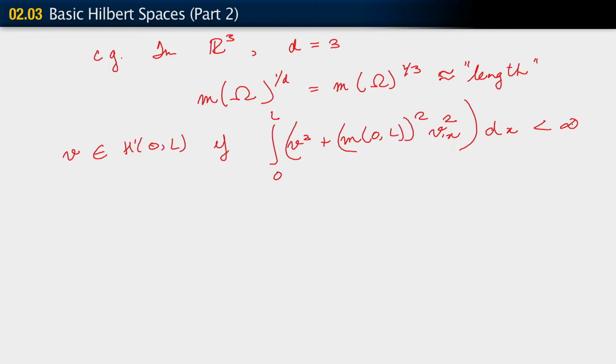So we require that the function itself and its first derivative, squared and integrated, be bounded. And H1 there simply refers to the fact that we are attempting here to control not only the function itself, but also its first derivative.